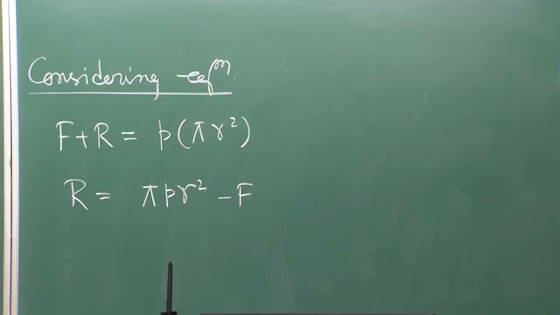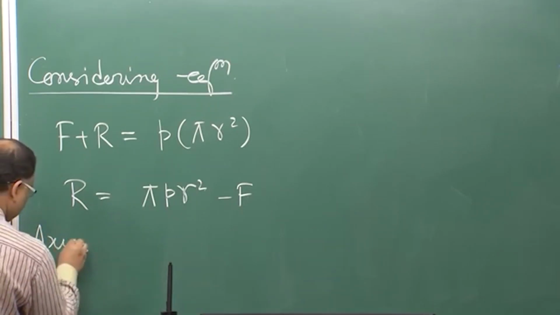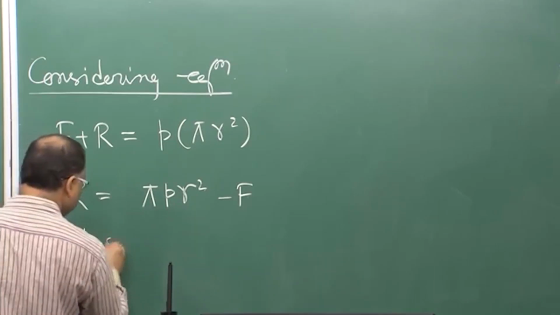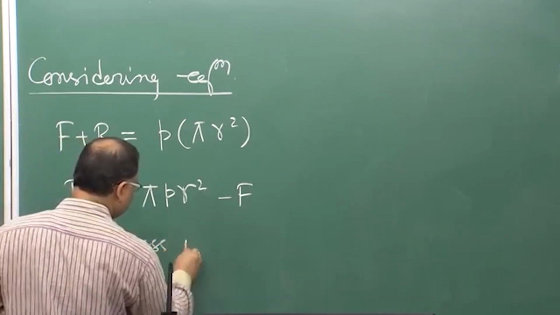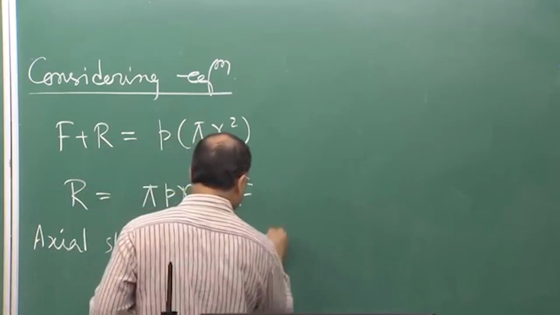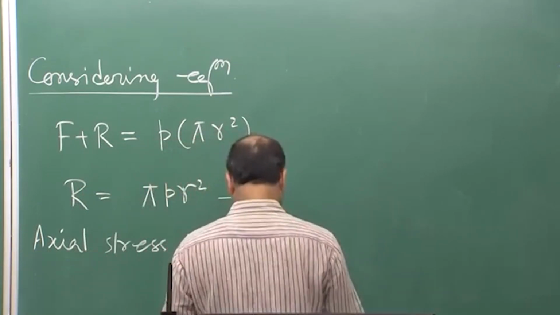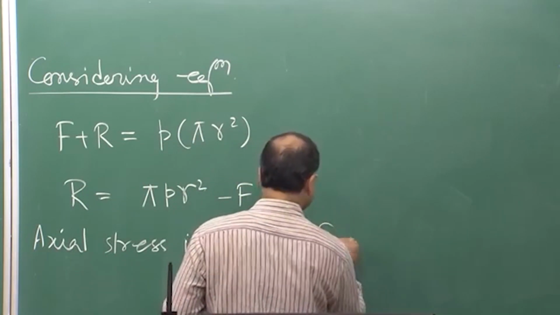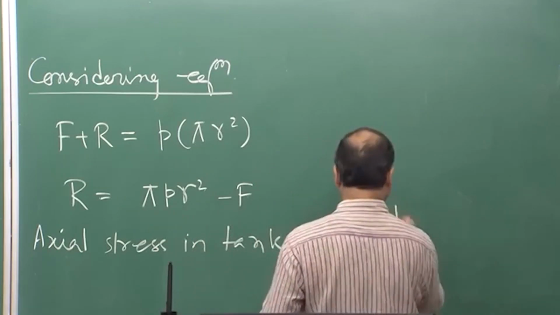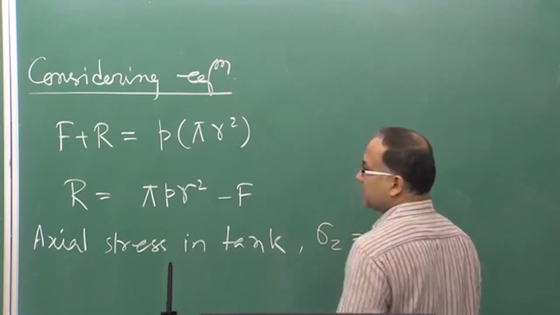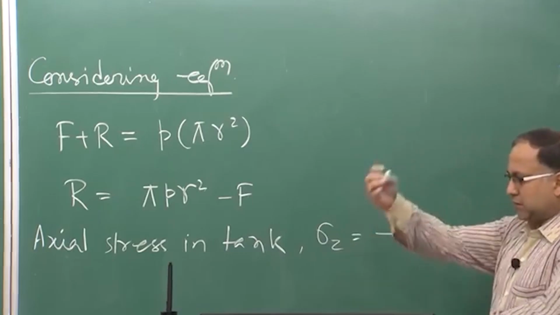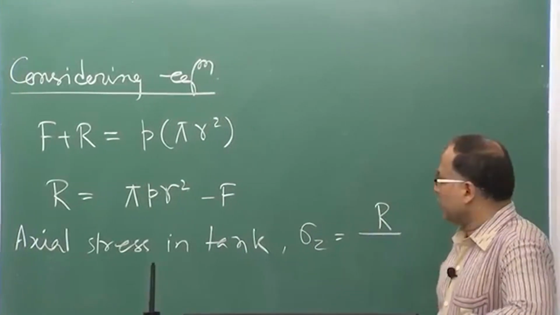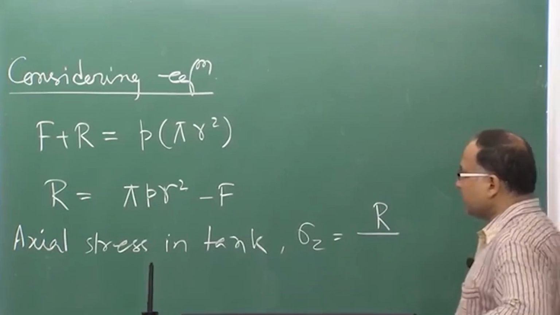Therefore, your axial stress in the tank, that is sigma z, is nothing but R, the tangential force in the z direction, divided by the area.